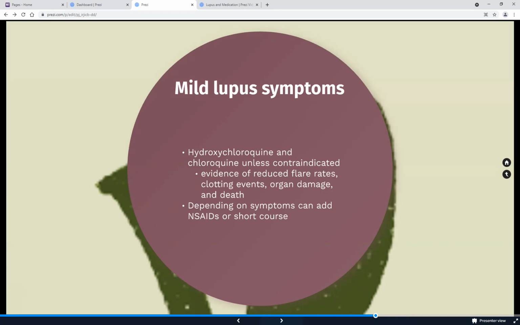Depending on symptoms, you may want to add something like a non-steroidal anti-inflammatory drug. So NSAIDs for short. This would be our medications like ibuprofen, like Aleve, naproxen. So those anti-inflammatories that we tend to think of for arthritis can be effective in treating the pain that can be associated with lupus.